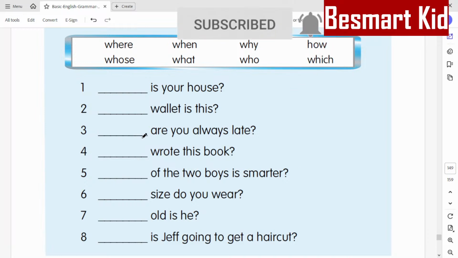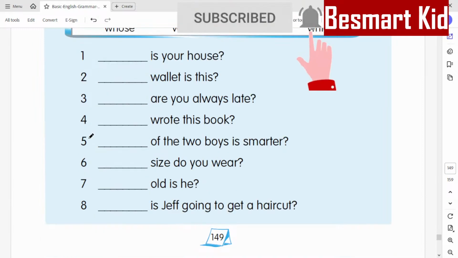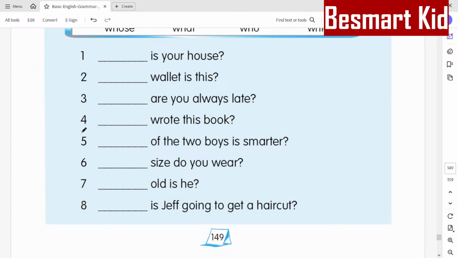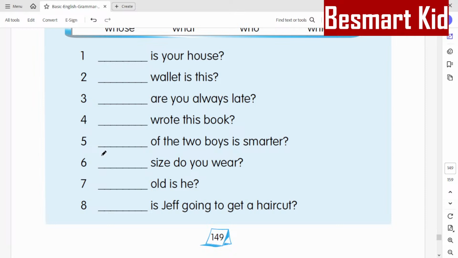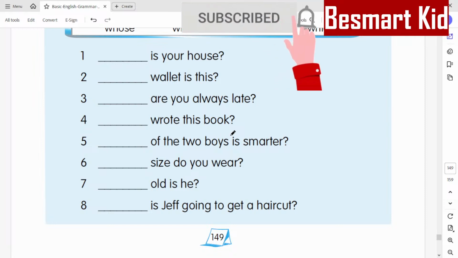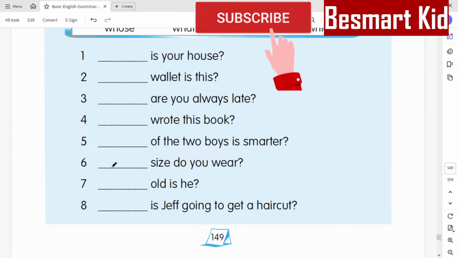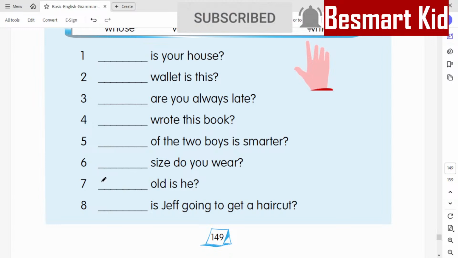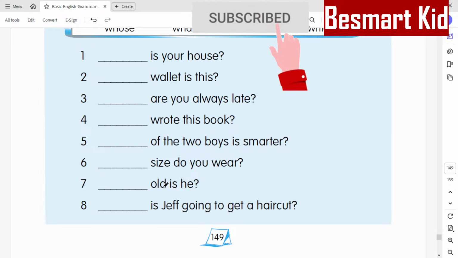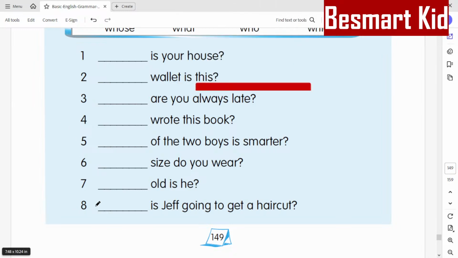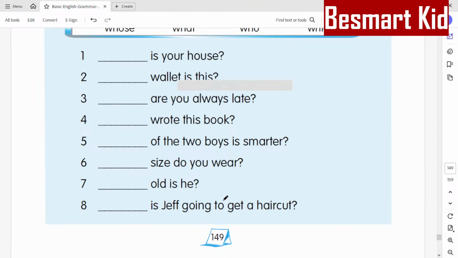Third, dash are you always late? Fourth, dash wrote this book. Fifth, dash of the two boys is smarter. Sixth, dash size do you wear? Seventh, dash old is he? Eighth, dash is Jeff going to get a haircut?